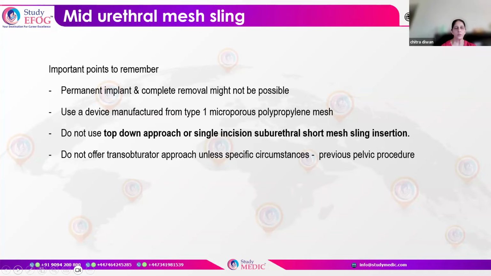Use the down-up approach, and do not use single incision suburethral short mesh sling insertion. Also, transobturator approaches are not offered unless there is a special circumstance, like the woman has undergone previous pelvic procedures. Only in this case is the transobturator approach offered.